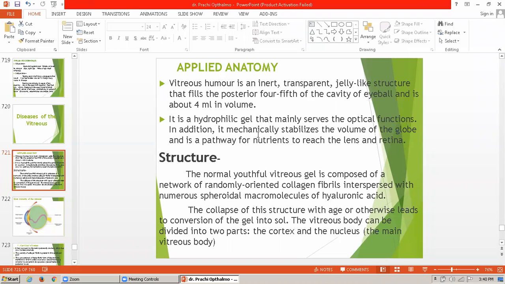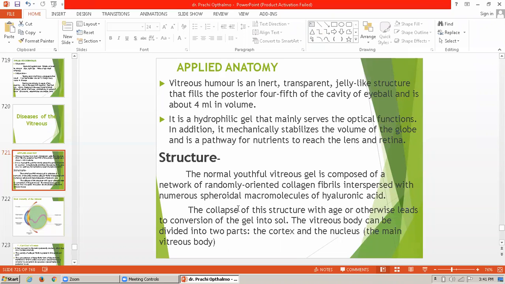In addition, it mechanically stabilizes the volume of the globe, and it is a pathway for nutrients to reach the lens and retina.